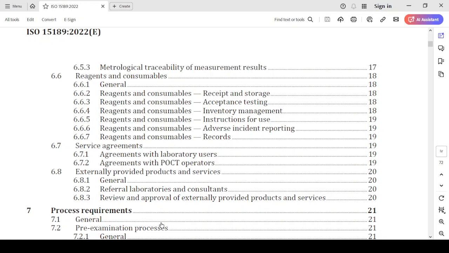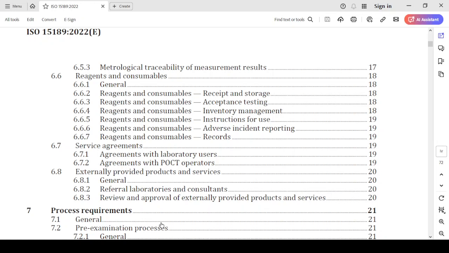Okay, and the reagents can be kits, they can be solutions. Some people think reagents are only these solutions. For example, Field stain A and B. For example, the reagents that you use in ZN, they can also be kits.